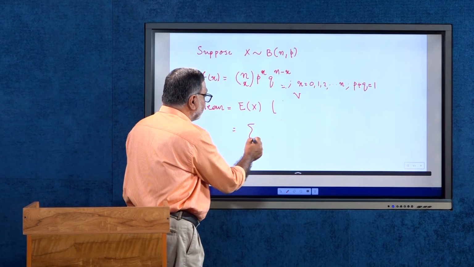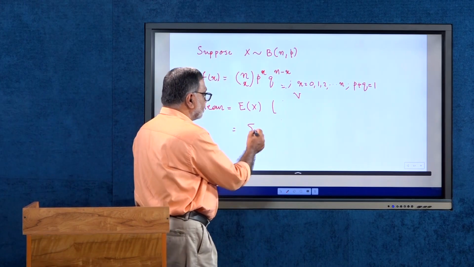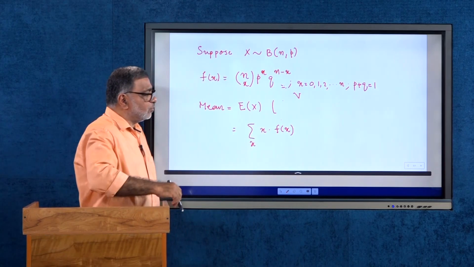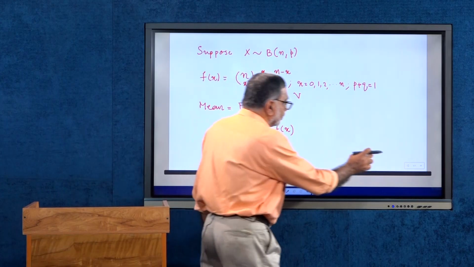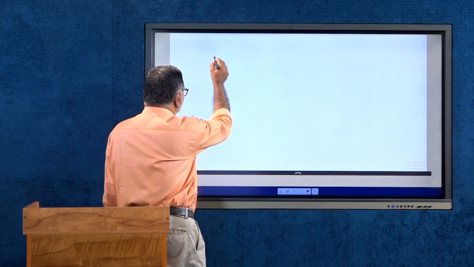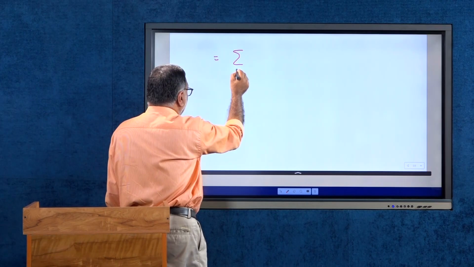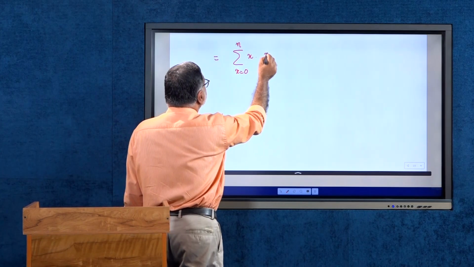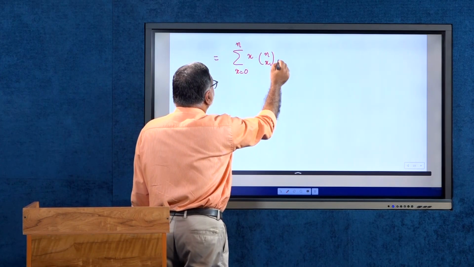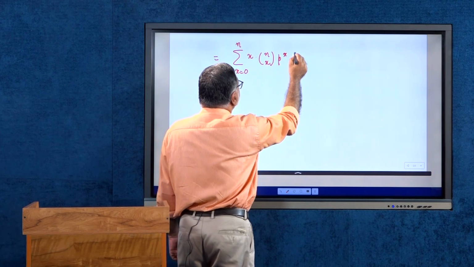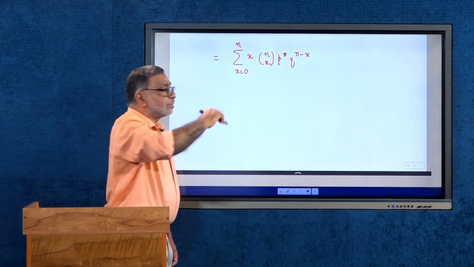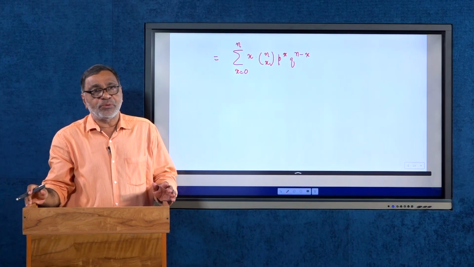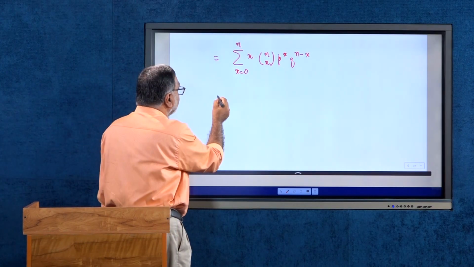Since X is a discrete random variable, by the definition of expectation of X, this is equal to sigma over x, x into f(x). Then, substituting the value of f(x), this is sigma over x equal to 0 to n of x into nCx p^x q^(n-x).